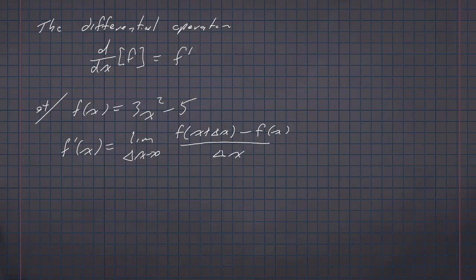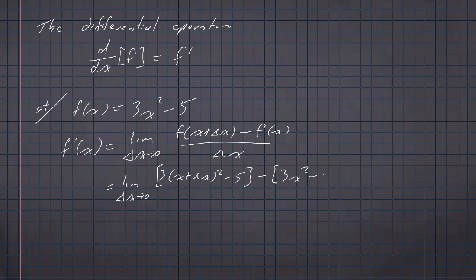And I can evaluate this thing at x plus delta x. This is going to be the limit as delta x goes to 0 of 3 times x plus delta x squared minus 5 minus f of x, which is 3x squared minus 5, all over delta x.